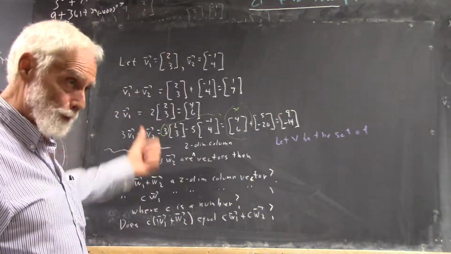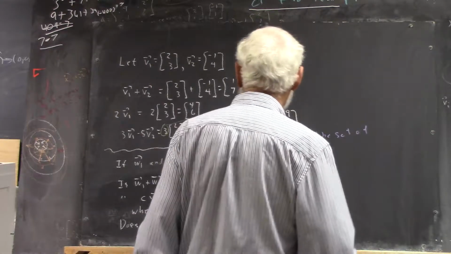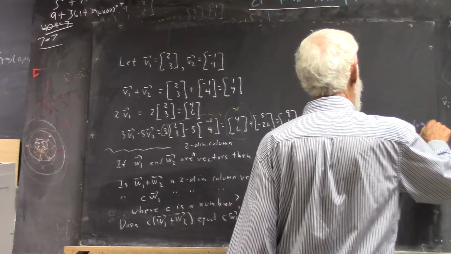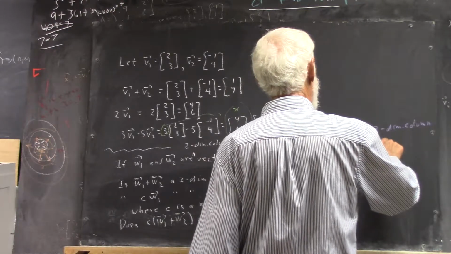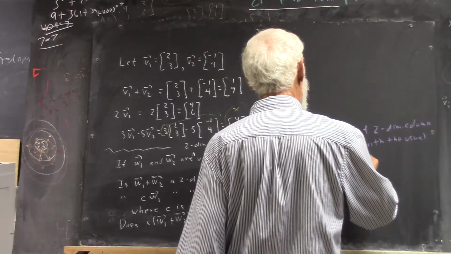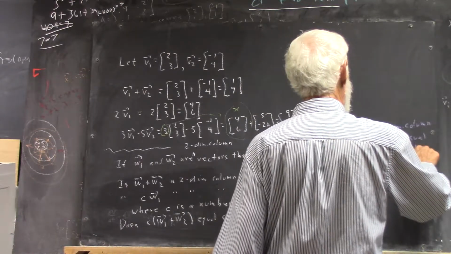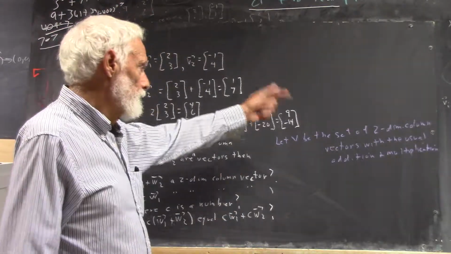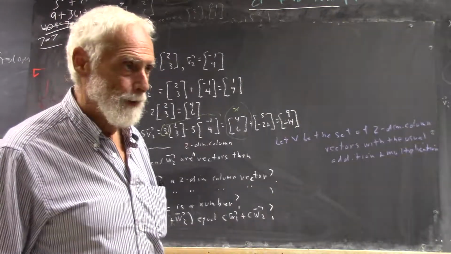Now, more importantly than the arithmetic, because we know we can do the arithmetic, at least you can, let V be the set of 2-dimensional column vectors with the usual addition and multiplication, and I'm being a little unspecific there.